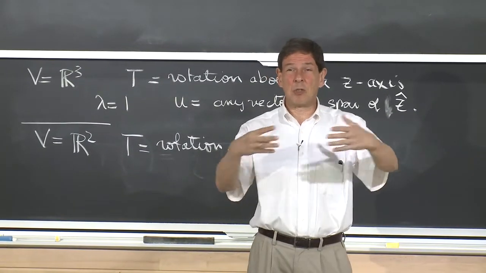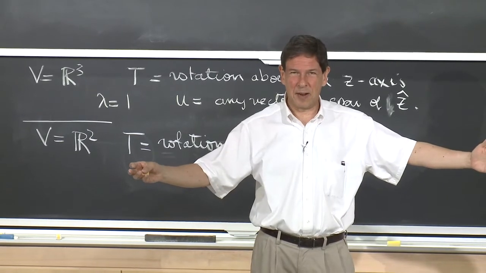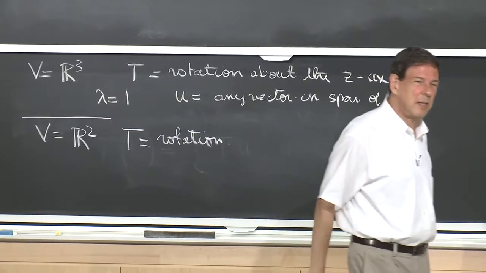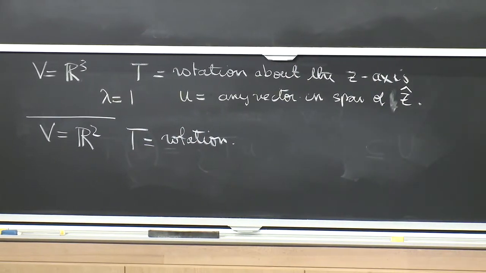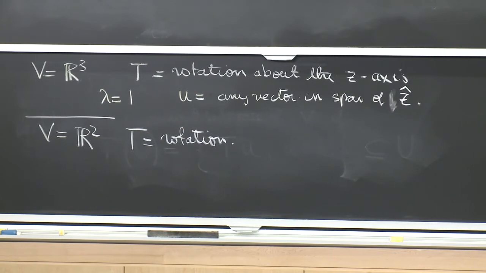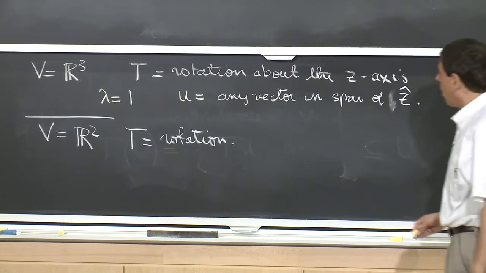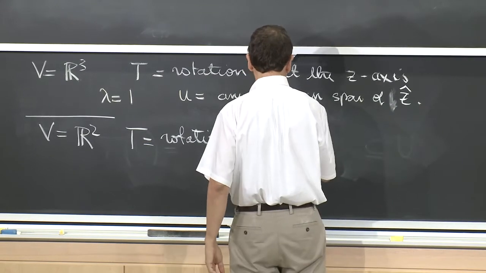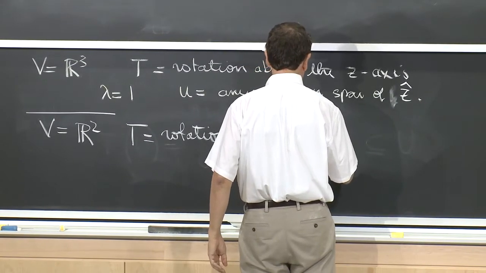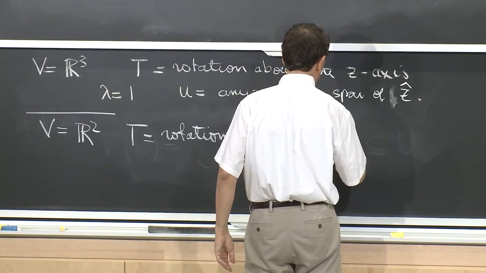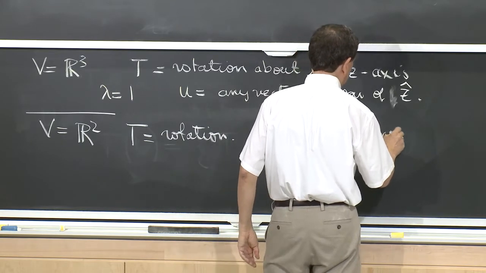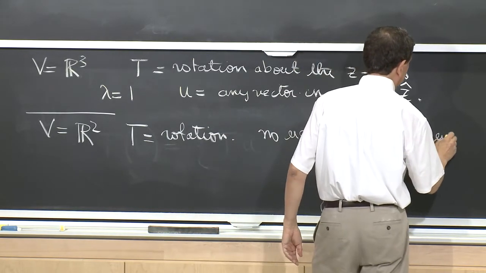Well, then there's just no vector that is invariant. Nothing is invariant. No non-trivial vector is left invariant by a rotation, so no eigenvectors nor eigenvalues.